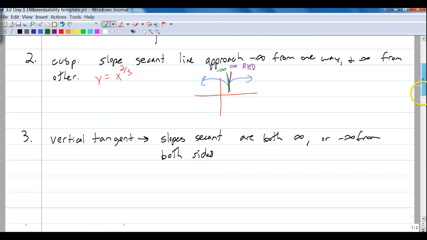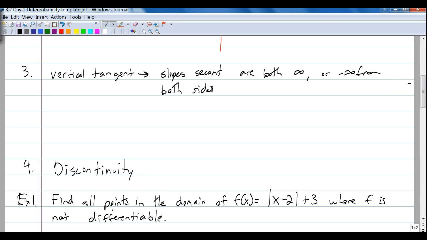Now, if both of them are infinity or both are negative infinity, then you get what we call a vertical tangent. We have y equals the cube root of x as an example of that. I'm going to exaggerate this graph so you guys can see what I'm talking about. Any cube root function will have that, and even that is not the best example because it should look more vertical here.